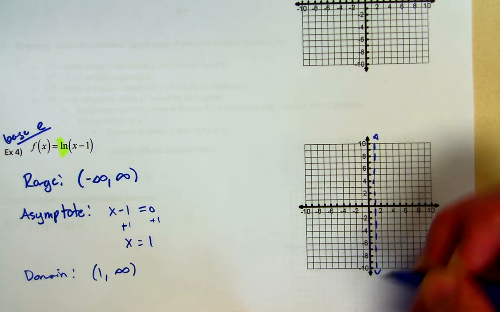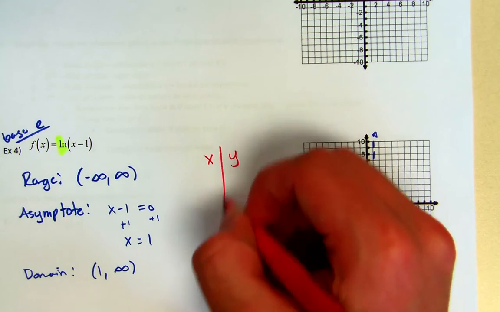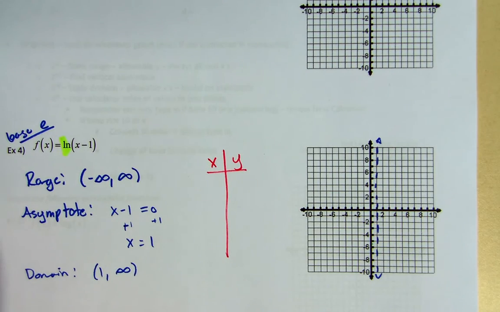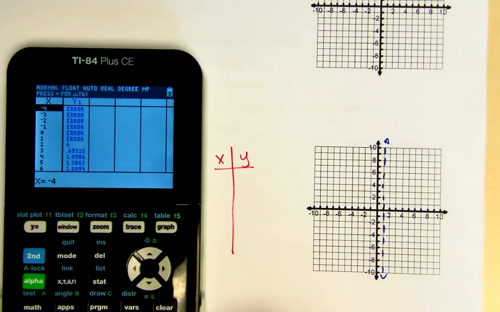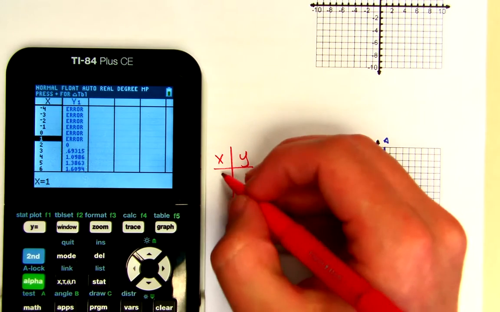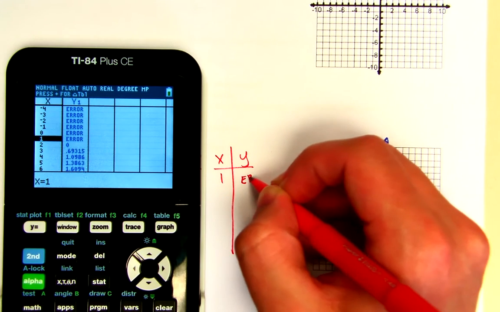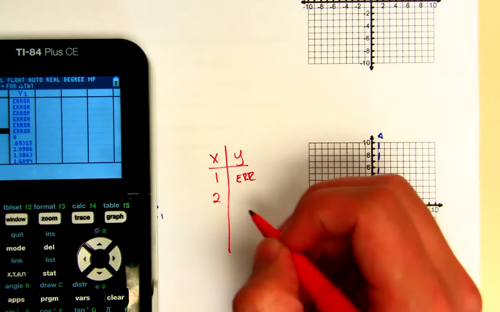Alright, and let's get a table of values going. X, y. So second table. Again, I'm going to look for the error here. Now, notice the last error happens at 1, because that's where your asymptote is. So 1, we've got the error, and then we're going to start with 2.